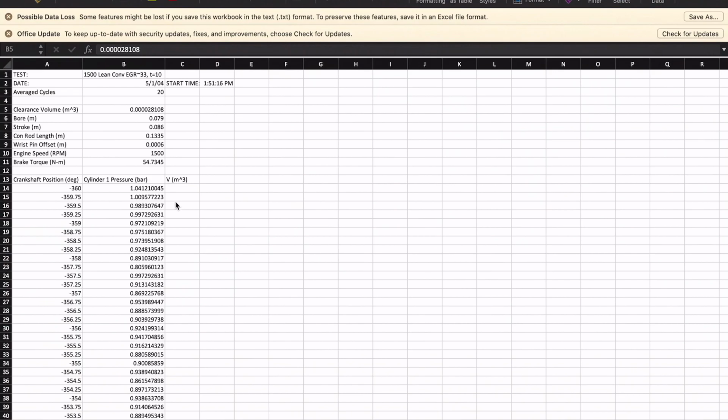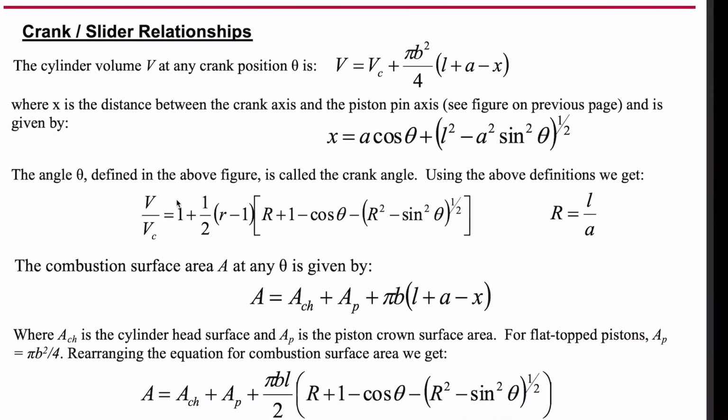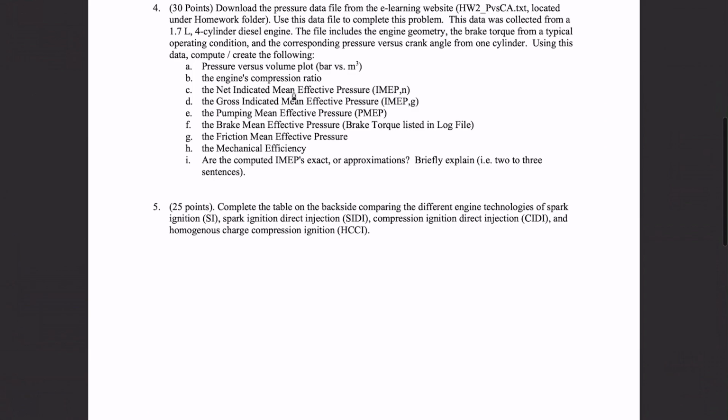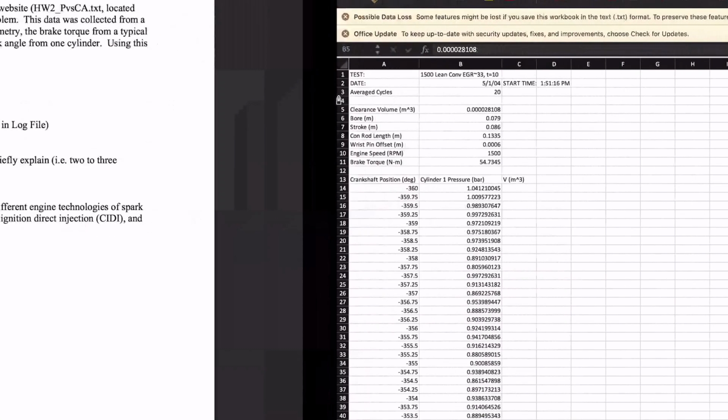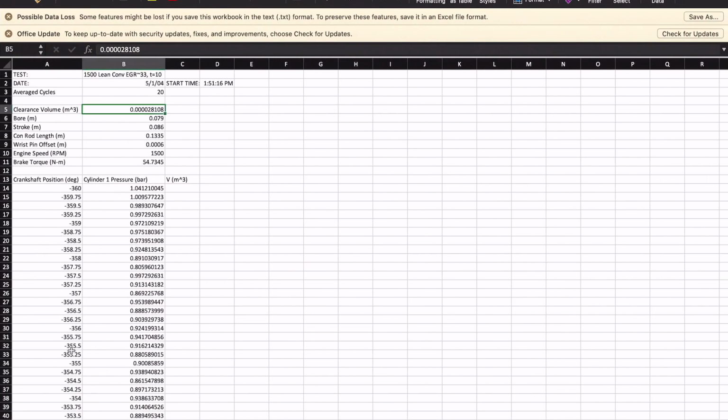And so for the purposes of this assignment, when you see the words indicated mean effective pressure, whether it's net or gross, you're going to be calculating that mean effective pressure from this Excel data, okay, from the crankshaft, cylinder, volume, pressure volume data that's given to you or that you're calculating in your data sheet here, okay?